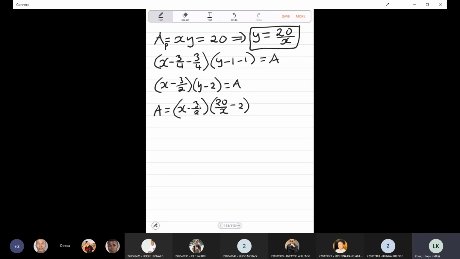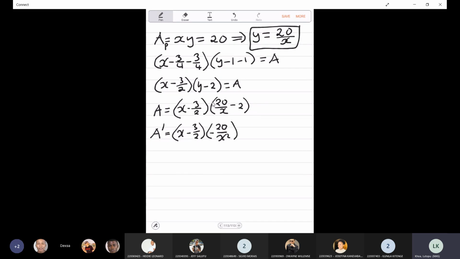You can, if you want, multiply out and then differentiate, or use the product rule here. I used the product rule. So A prime, this is the first bracket as it is, so this is x minus 3 over 2, and then you multiply by the derivative of the second bracket, which is minus 20 over x squared.